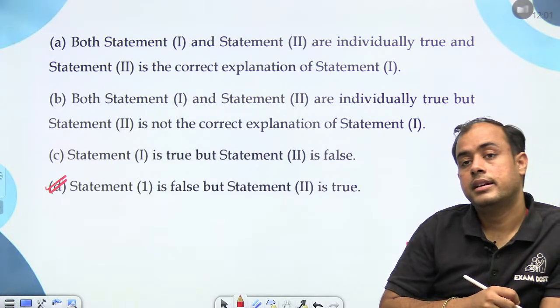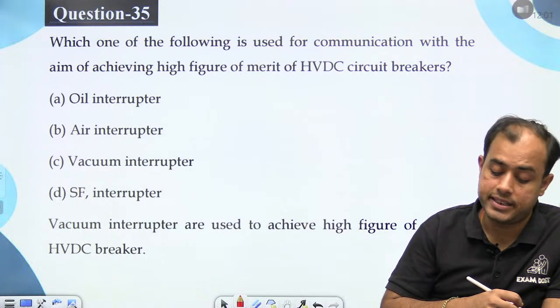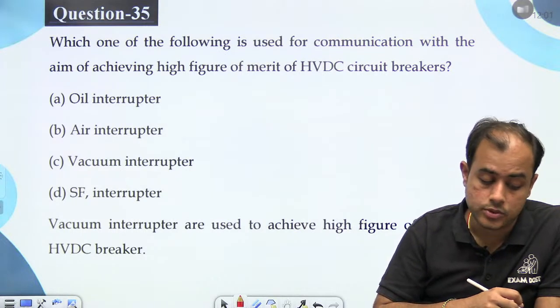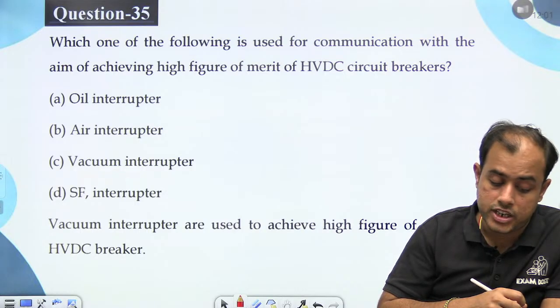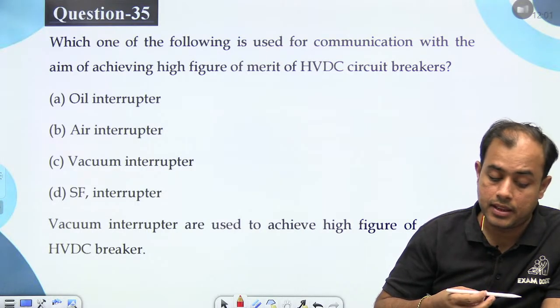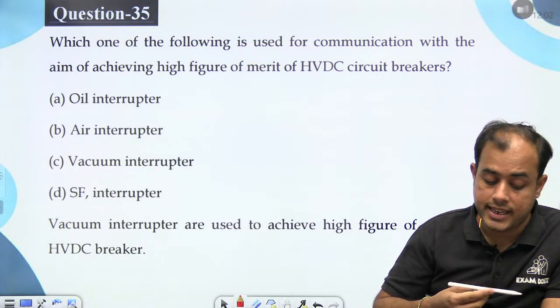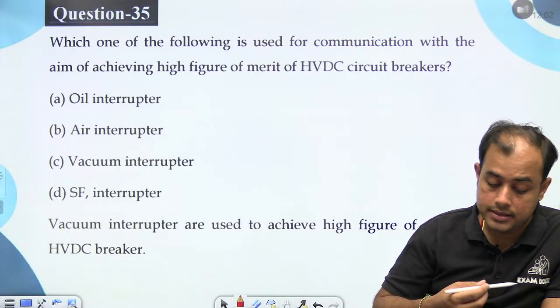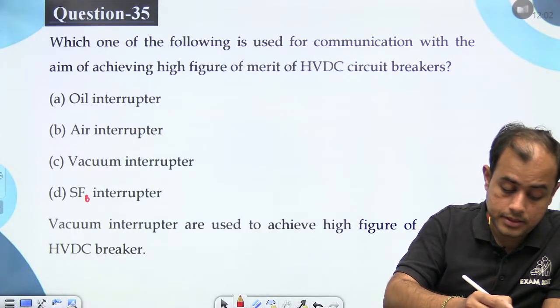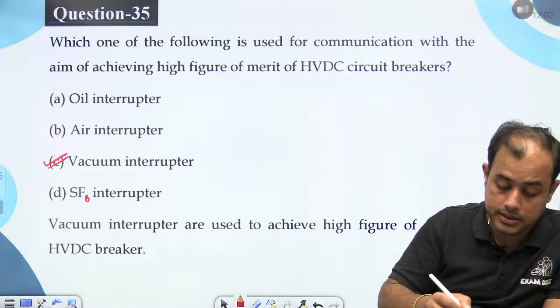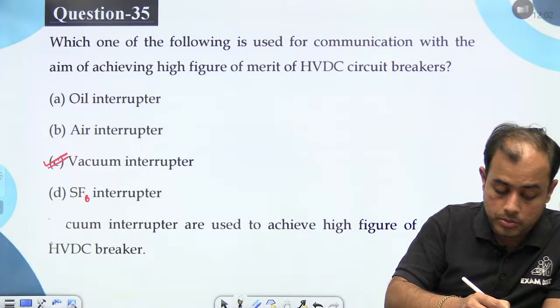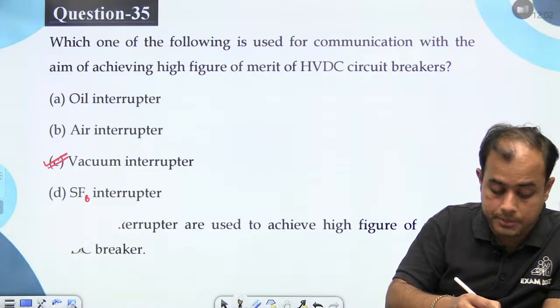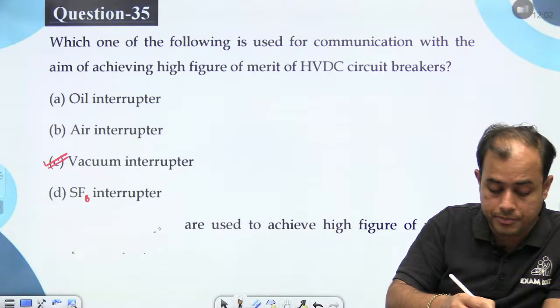D. AC की पावर, DC की पावर AC से ज्यादा होती है. ESE 2019. Which of the following is used for communication with the aim of achieving high figure of merit in HVDC? Circuit breaker, vacuum interrupter. Okay, so basically use vacuum interrupter to achieve high figure of merit.